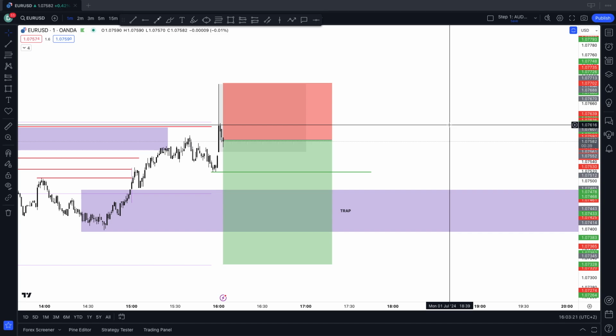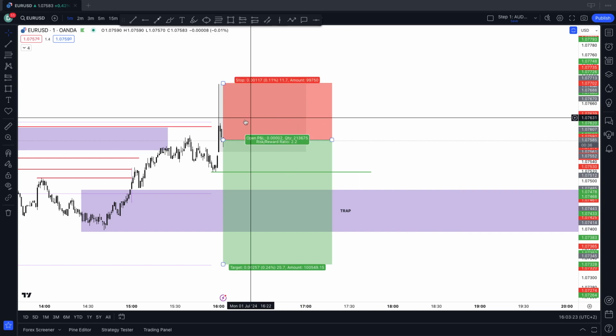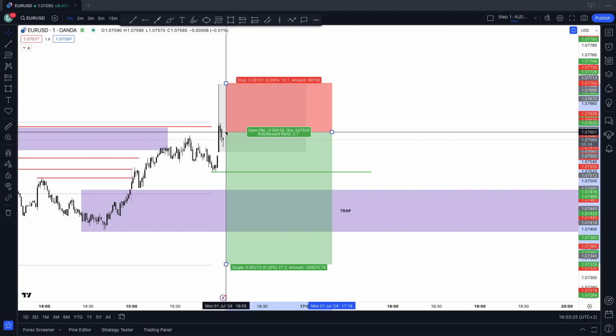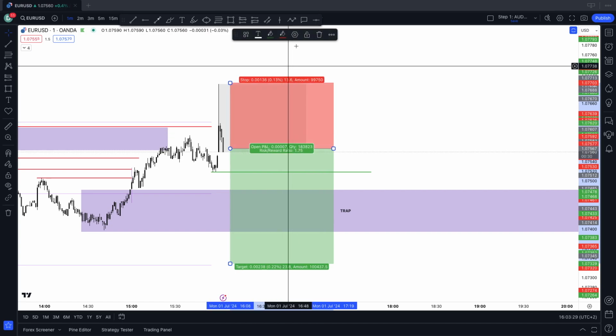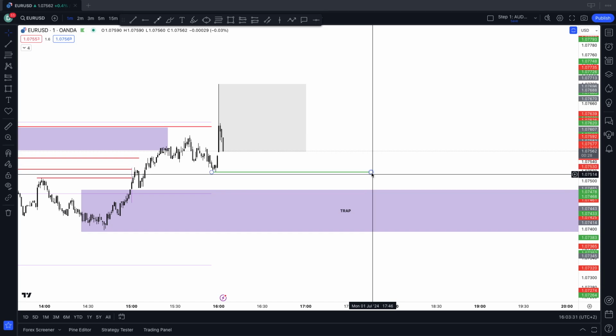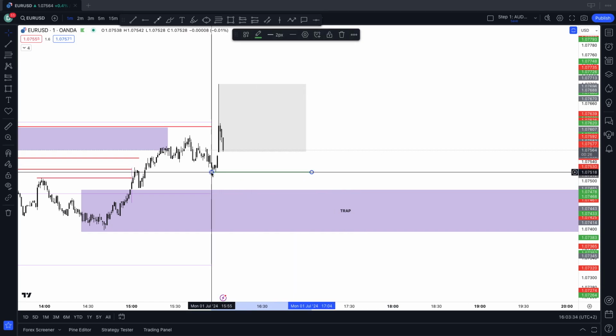Just gotta wait for it to be a little bit more. Ideally, we come back up into this wick. That would be somewhere up here. But once we break this low here, we are confirmed into shorts.